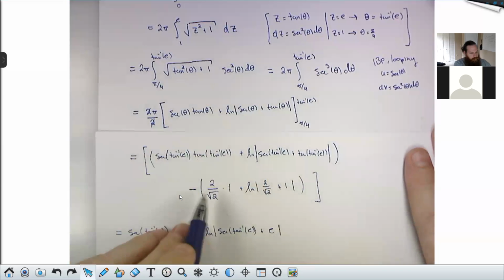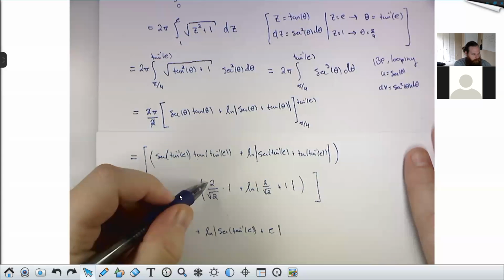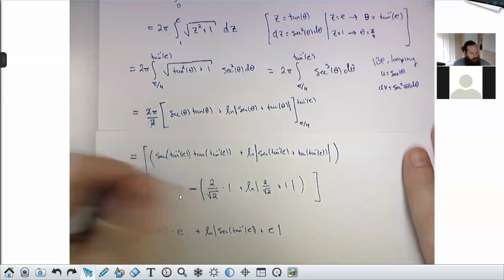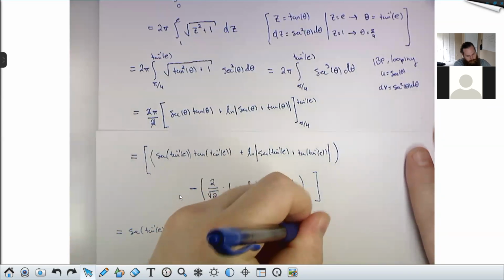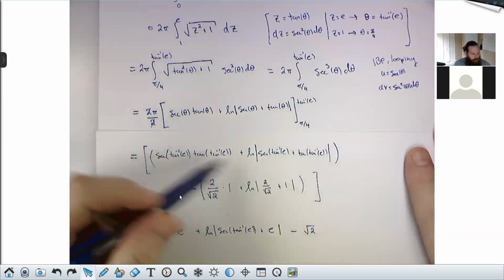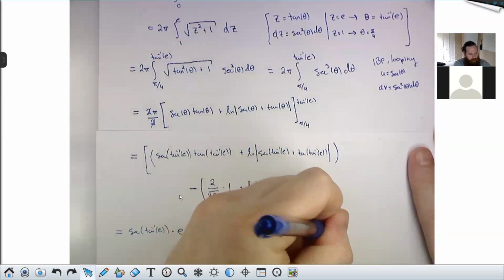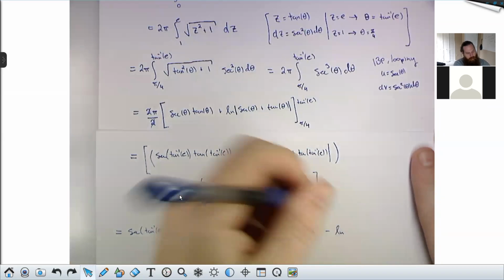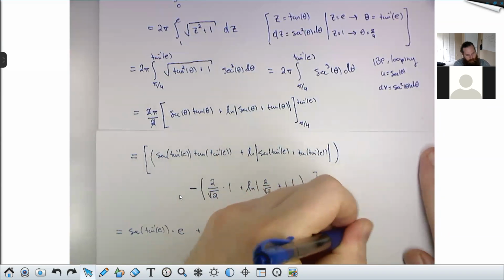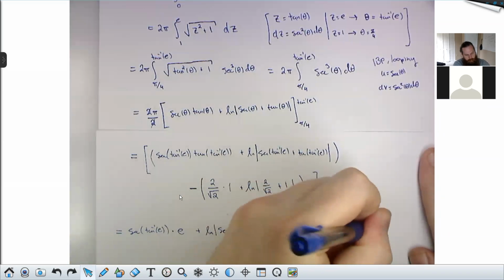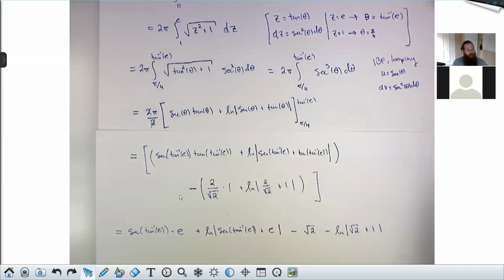And then from that, I need to subtract 2 over root 2, which is just root 2. And when I distribute this, I also need to subtract the natural log of 2 over root 2, which again is just root 2, plus 1. So here's my answer. It's correct, but it's not as nice as it could be written.